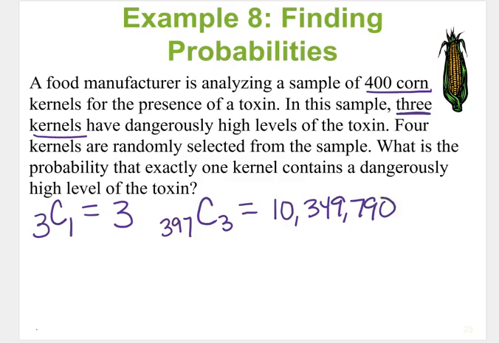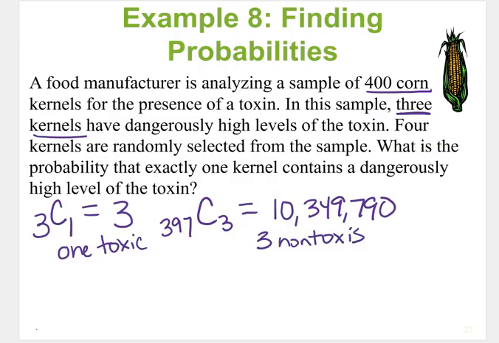10,349,790. Using the multiplication rule, I would multiply these 2 numbers together, and that would tell me the number of ways that I would choose 1 kernel and 3 non-toxic. So here's my 1 kernel, that's my 1 toxic, and these are my 3 non-toxic.